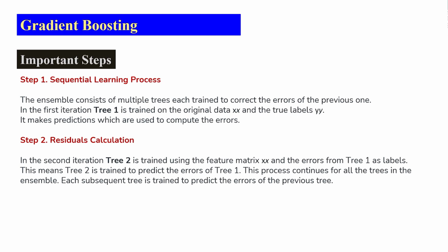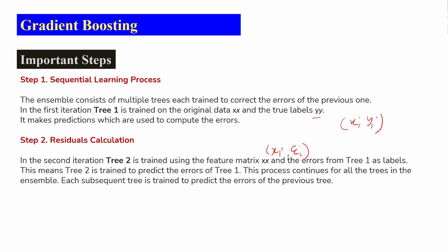The second iteration is called residual calculation. First we take the difference between the actual value and the prediction, that is called the residuals, and T2 is trained using the feature matrix X and the error from T1, not on Y. So, remember, X and Y, we train using the original data. Here we are not doing that, we are using X and the error.